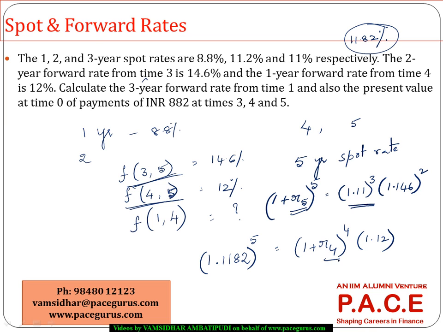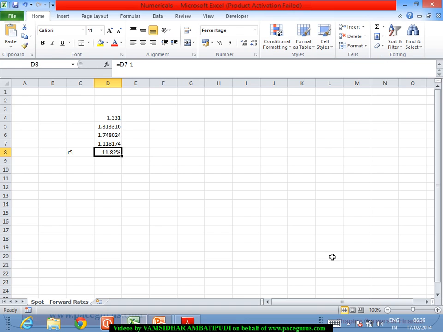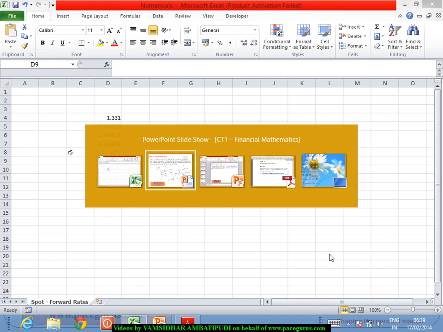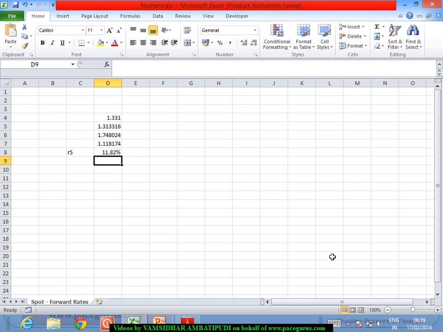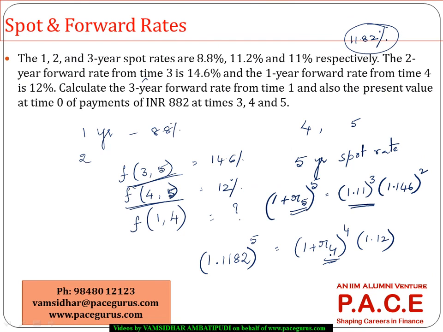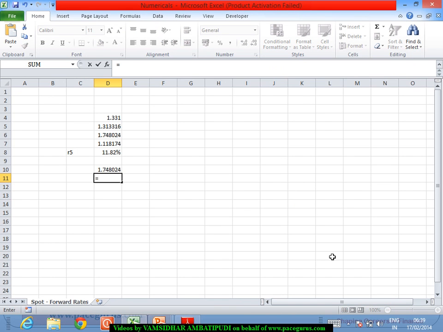So from here I can find out my R4, right? What I will do for finding R4 is take 1.1182 to the power 5, and divide that by 1.12.